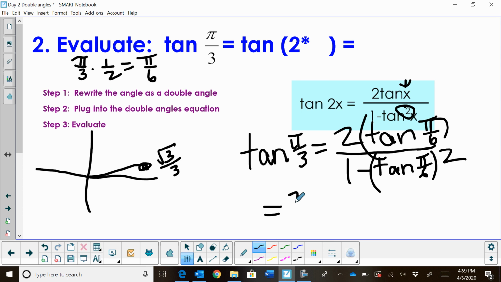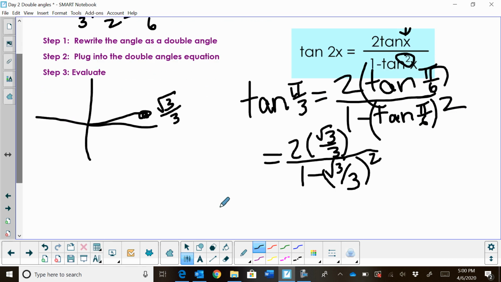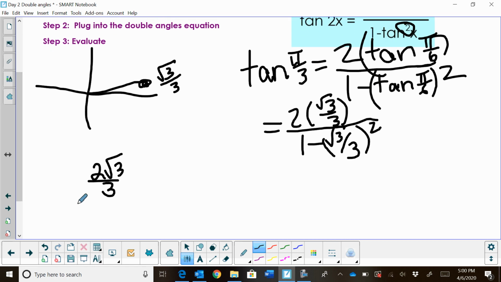So we have 2 times √3 all over 3 all over 1 minus √3 over 3, and then don't forget the square. Okay, so let's see what we have. In the numerator, we have 2 √3 over 3, and in the denominator, we have 1 minus, and let's square this thing.